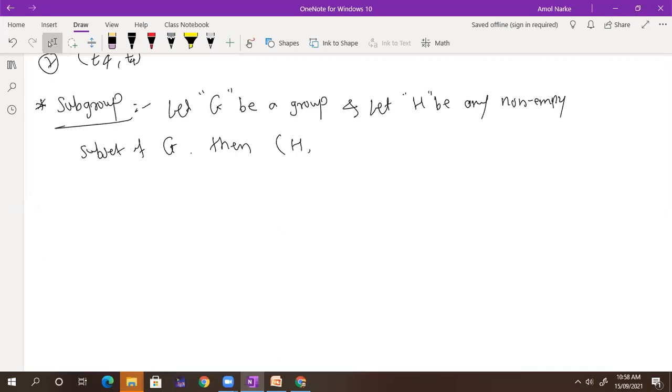Or I can rewrite that for your betterment. Let G with some binary operation be a group. So this is nothing but my binary operation. Everyone understand now? I define the binary operation. That binary operation may be plus, may be minus, or anything.